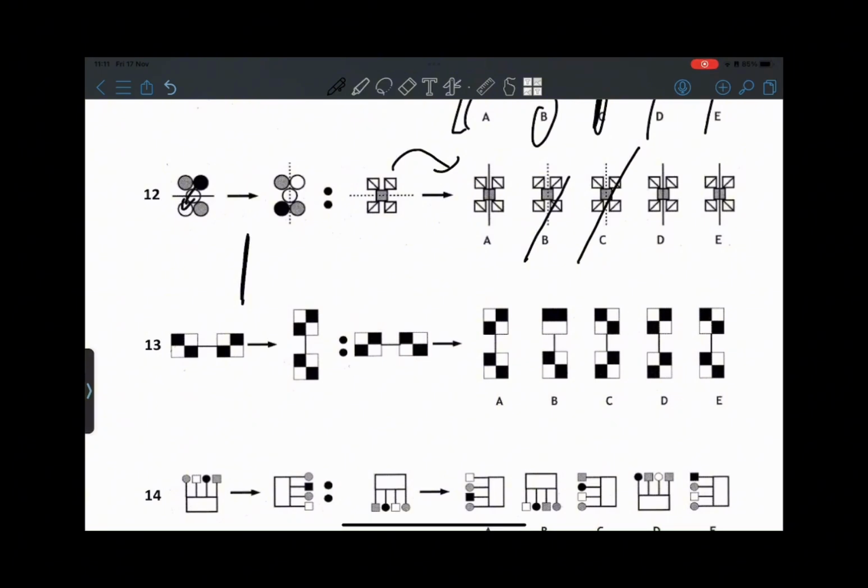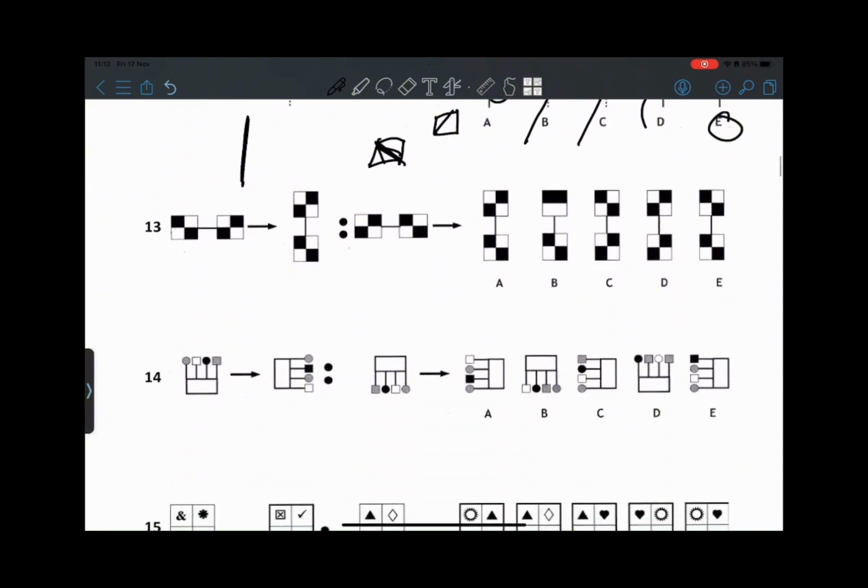This swaps, so these two are going to swap. So it's going to be a box like this, and then a box like that at the top. Let's see which one's got that. This one doesn't have it, so we're left with A and E, and then these two also probably flip. We're left with E because this one hasn't flipped, it's got the same one twice.